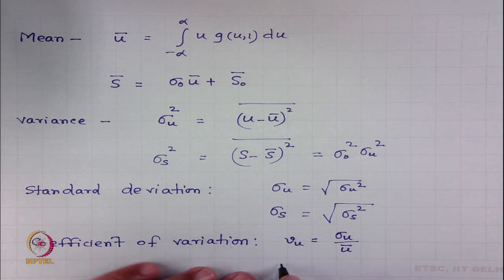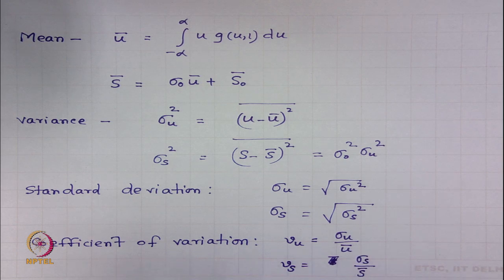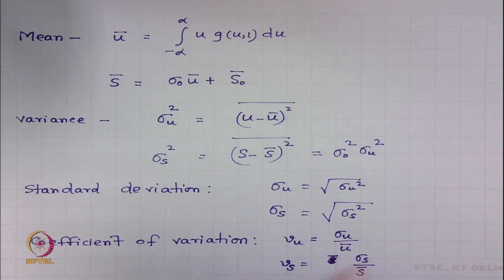Similarly, coefficient of variation for S bar is sigma S by S bar. These are dimensionless forms. However, if you multiply by 100 you will get it in percentage.